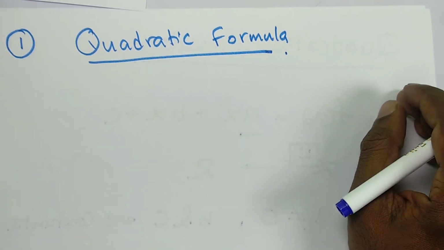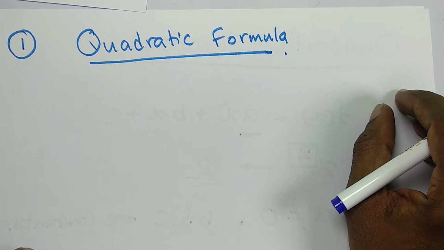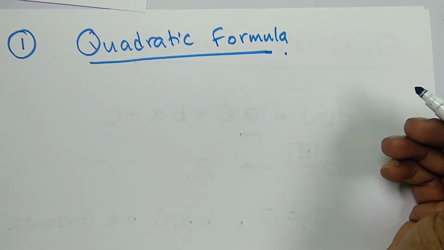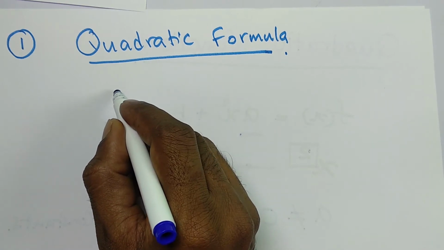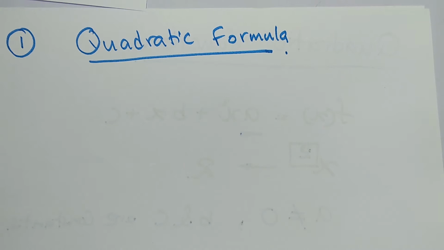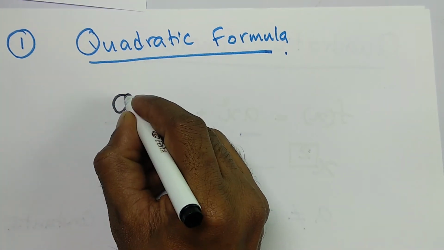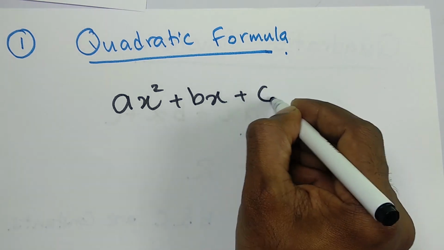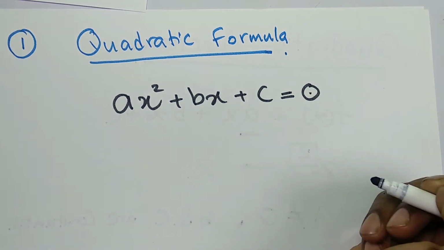In this quadratic formula, they have expressed the solutions or roots for a quadratic equation in a simple form. First, we'll define a quadratic equation. A simple quadratic equation can be written as ax squared plus bx plus c equals 0.